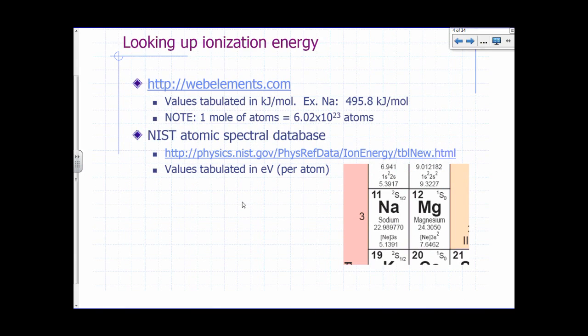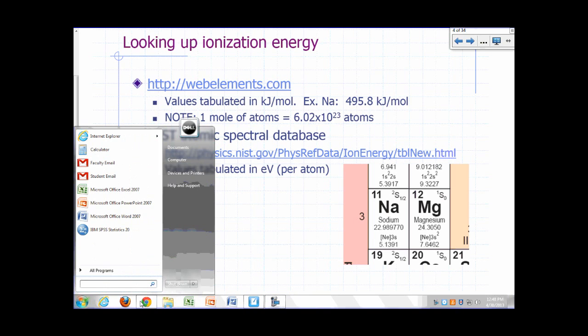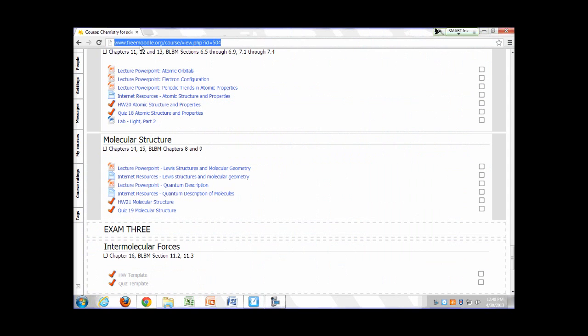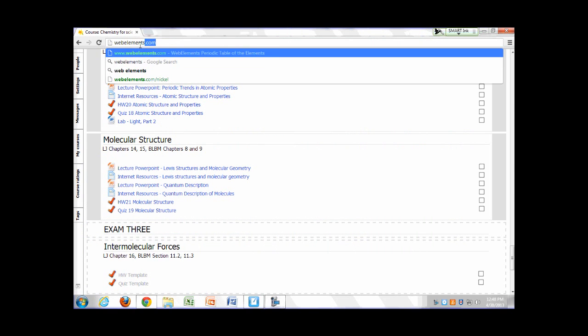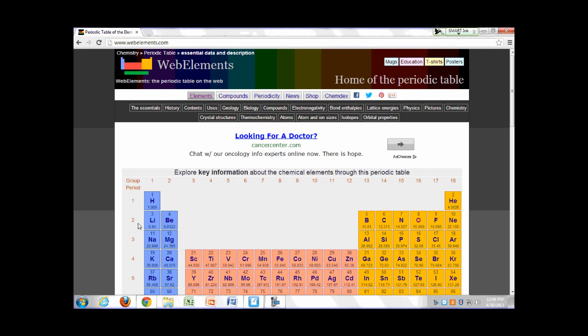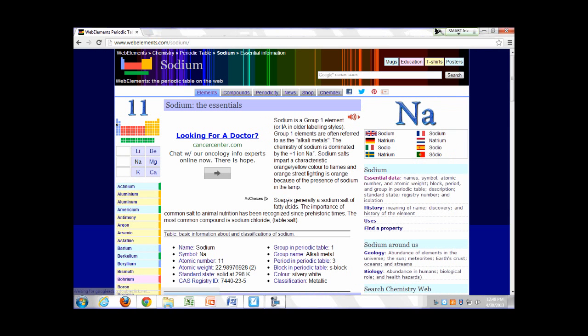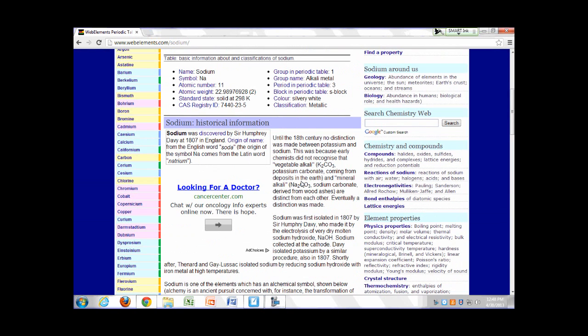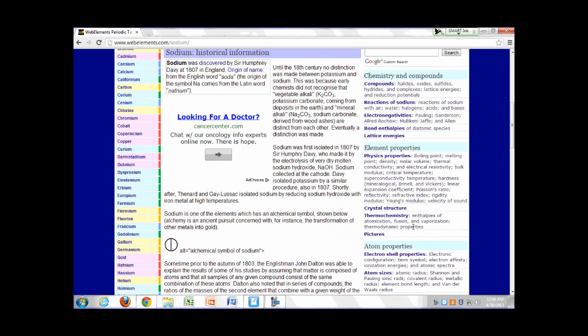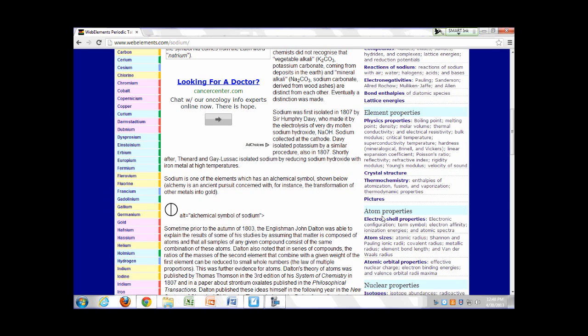You can look up values of ionization energy from a variety of sources. You can go to webelements.com, and let me show you where you can find that. If you click on sodium, for example, over on the right-hand side you have atom properties, and electron shell properties.